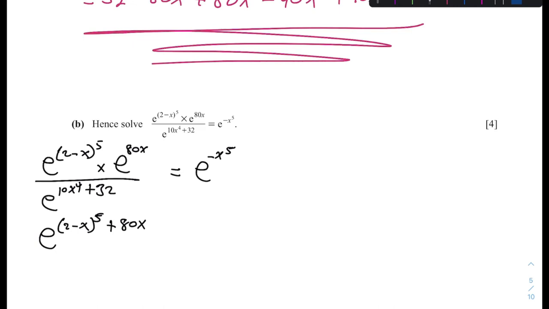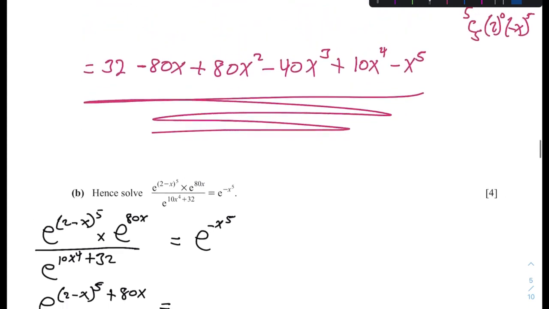All right, let me deal with the numerator first, okay? I don't want to do a lot of things. So the numerator, I'm dealing with that first. Remember, we've expanded it and we got what we got here.